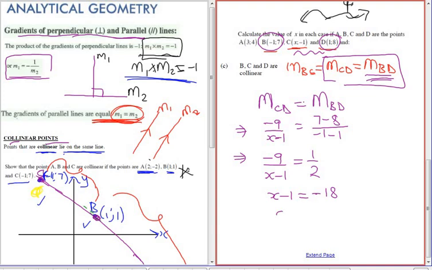And as you can see, this is how you get your x of negative 17 at this point. So you have managed to calculate the unknowns using the fact that you knew that they were collinear points, perpendicular lines, and parallel lines. So that is how you apply that knowledge.